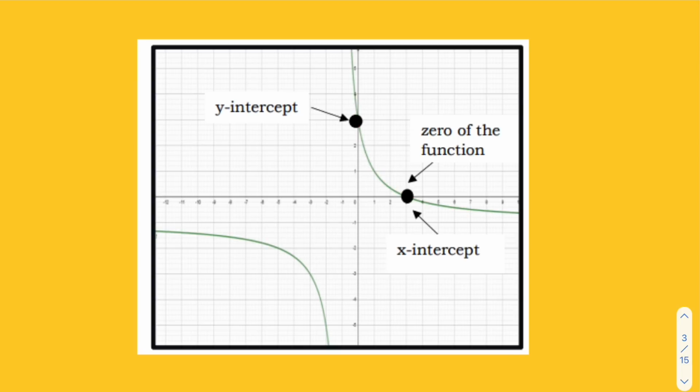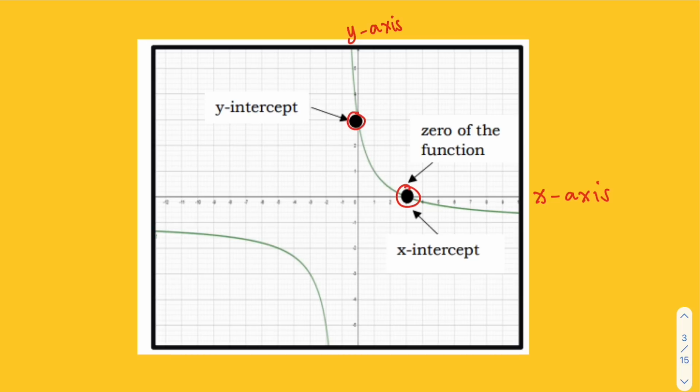So, yung point of intersection ni x-axis at ni nung ating graph, dyan natin makikita yung ating x-intercept and zero of the function. Okay? Then, yung point of intersection naman nung ating graph and ni y-axis, dyan naman natin malolocate yung ating y-intercept.